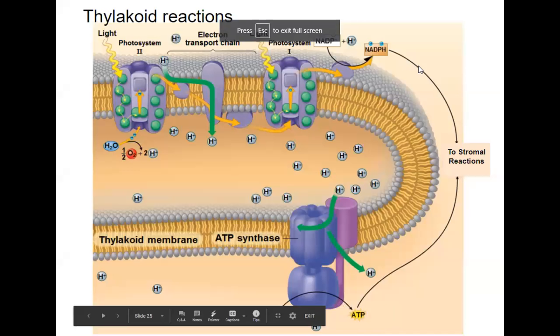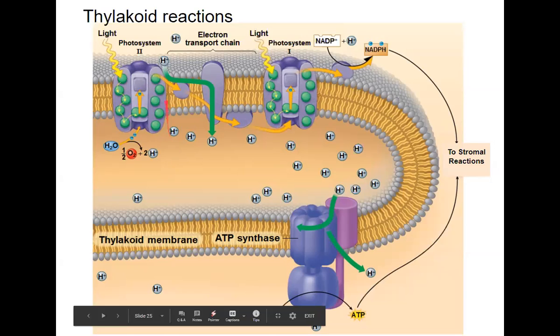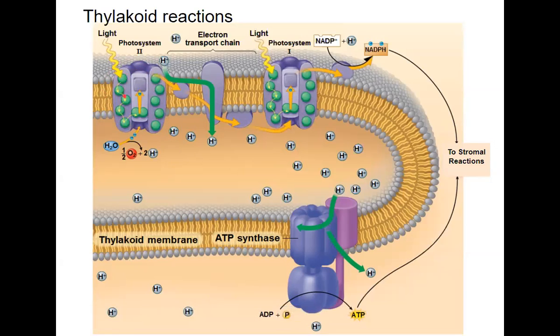Okay, so here's the full model of the thylakoid membrane with the two photosystems embedded. Here's our photosystem 2. Here's our photosystem 1. There's our reaction center with those two special chlorophyll A molecules for photosystem 2 and for photosystem 1.